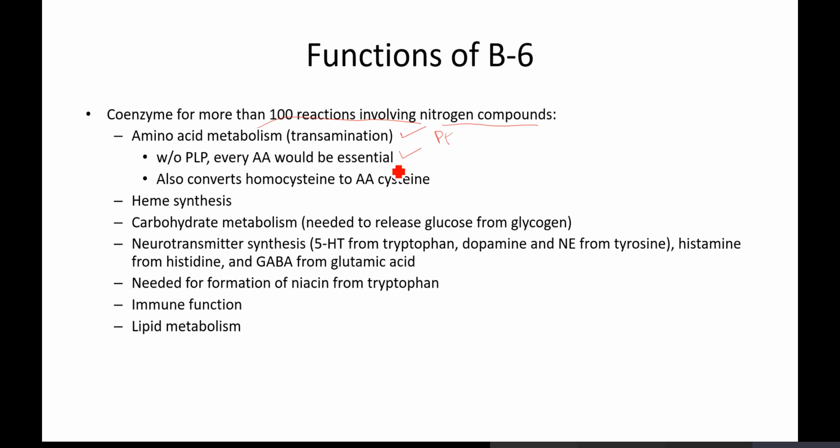These keto acids then get oxidized to generate energy. Thus vitamin B6 is an energy releasing vitamin. Why is vitamin B6 called an energy releasing vitamin? Because pyridoxal phosphate, the vitamin B6 form, is involved very closely in amino acid metabolism or the transamination reaction.